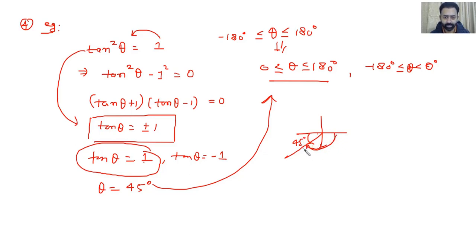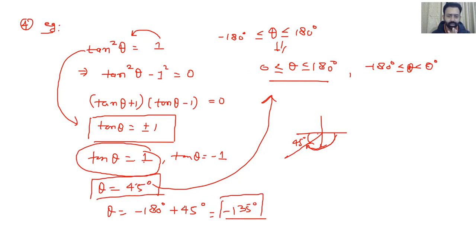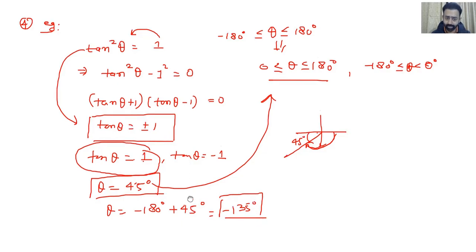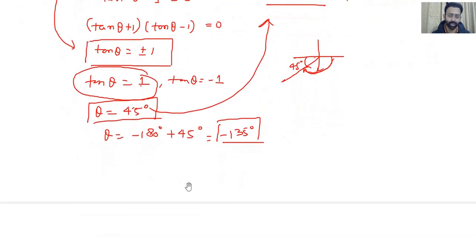So I will write this angle as minus 180 plus 45, which is minus 135. Right? So between this domain, for tan theta equal to plus 1, these two are the solutions, 45 degrees and minus 135 degrees. Now there is another equation, which is tan theta is minus 1.